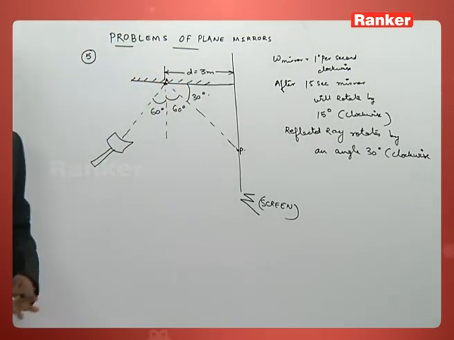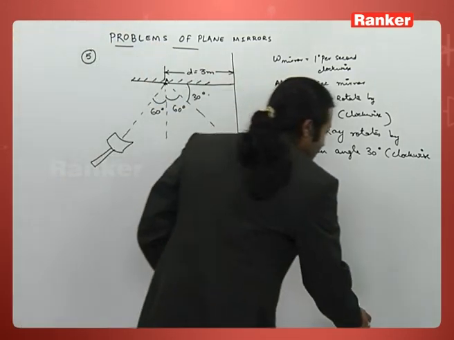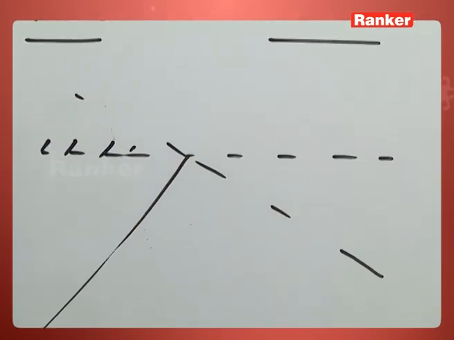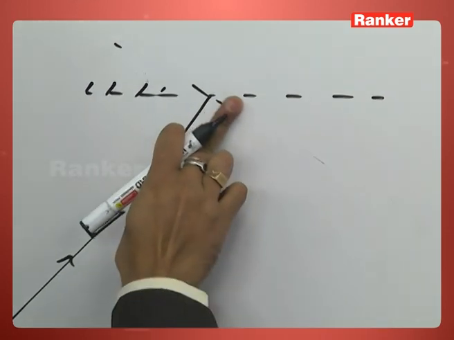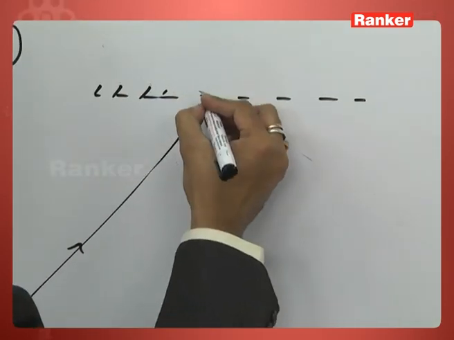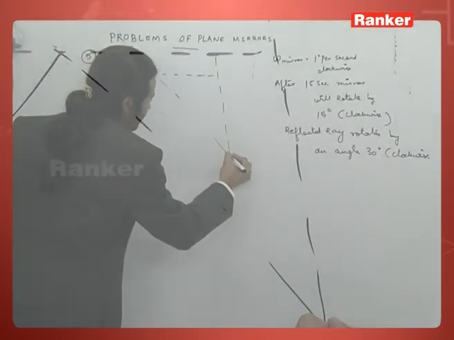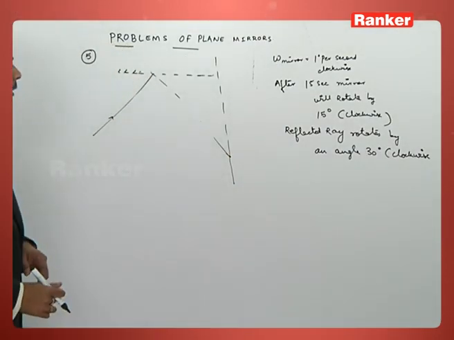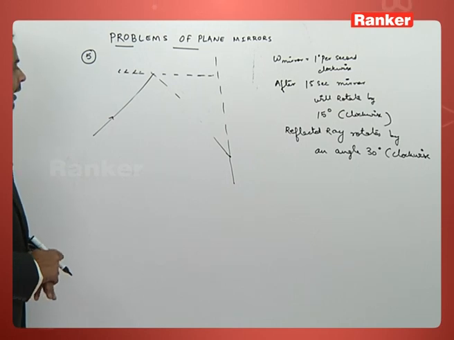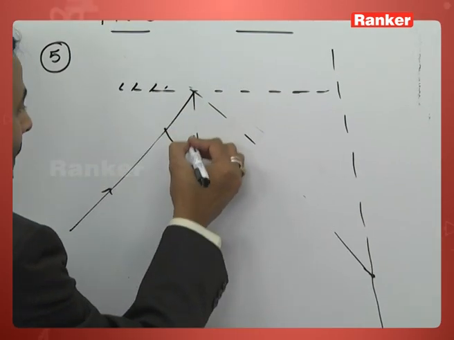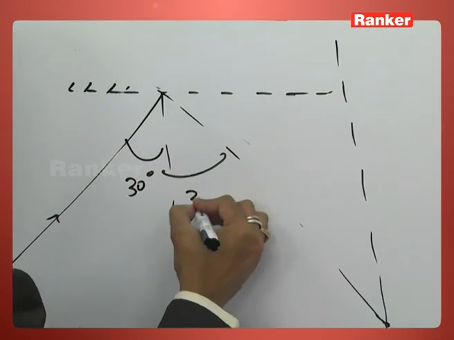So if I go for another diagram over here, now the reflected ray will rotate by an angle of 30 degrees.